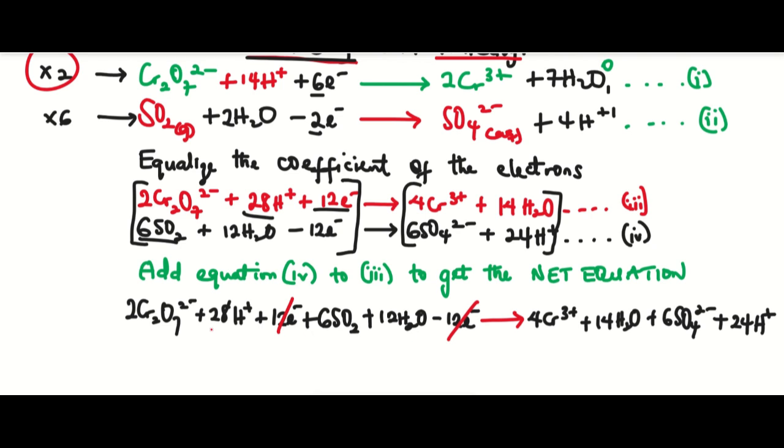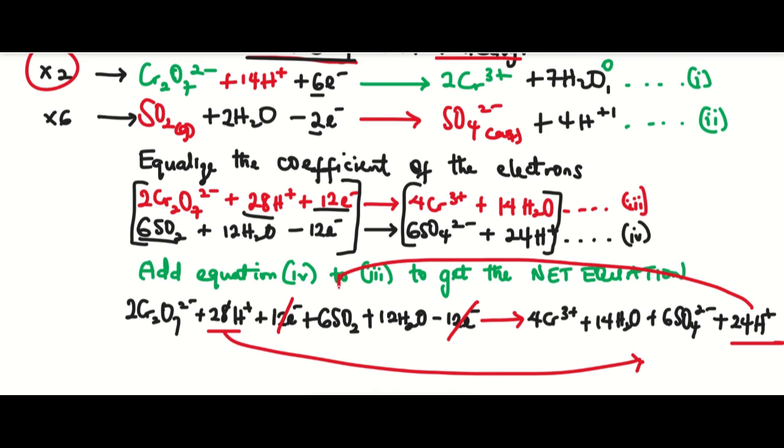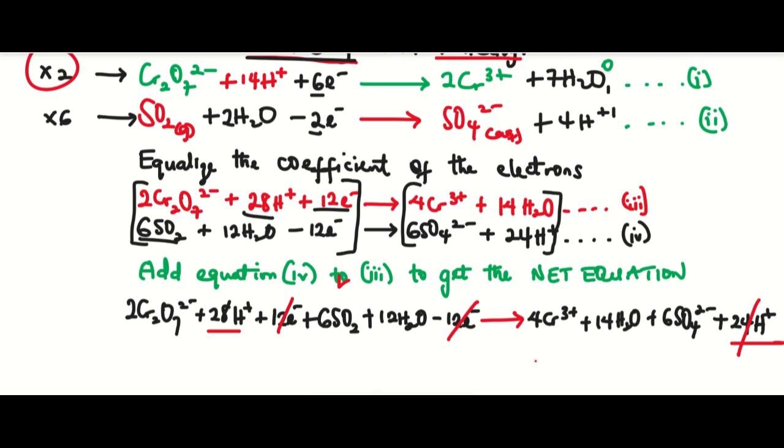Then take note of the 28 moles of hydrogen ion and 24 moles of hydrogen ion. We can subtract the two by either assuming we are bringing this to the product side or taking this to the reactant side. When taking it to the reactant side, the sign changes from positive to negative. Going by that, we can cancel out this, then cancel out this, so it remains 4 moles of hydrogen ion here. Also, take note of 12 moles of water and 14 moles of water.